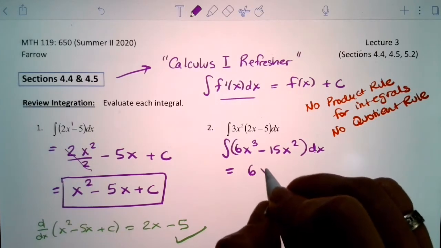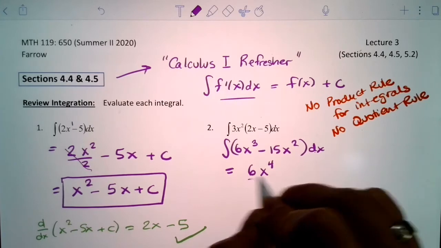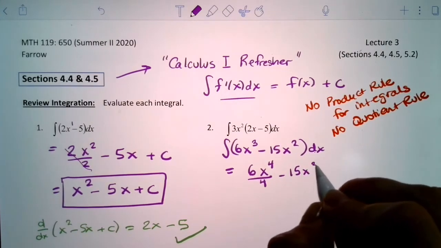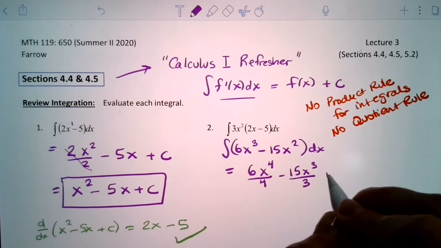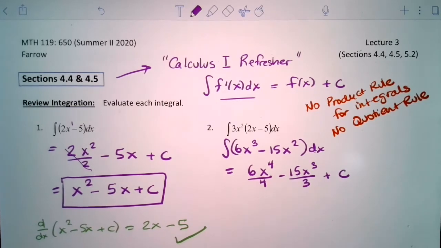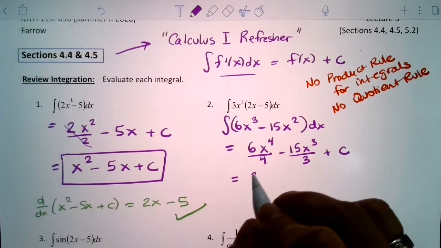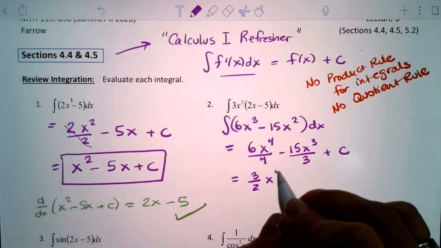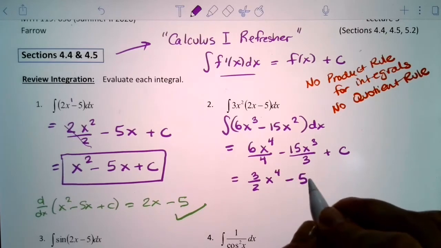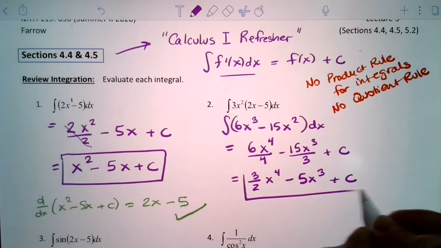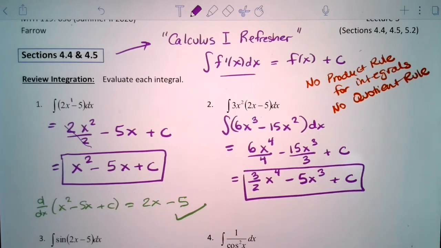The 6 is just a coefficient. I'm going to add 1 to the exponent, divide by my new exponent. Same thing with the next term. So there is my integral. I'm just going to clean it up a little bit. And there is my final answer.